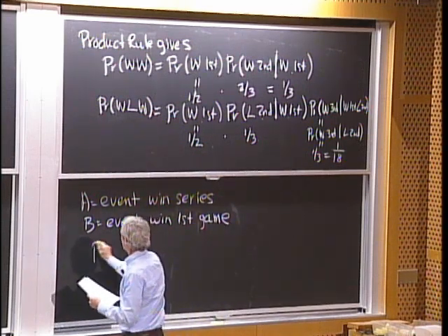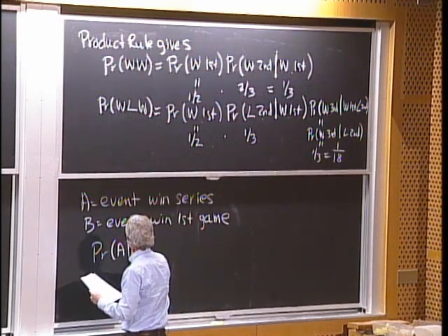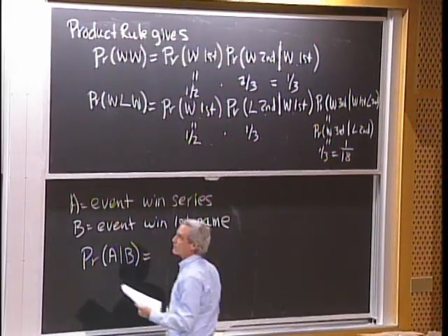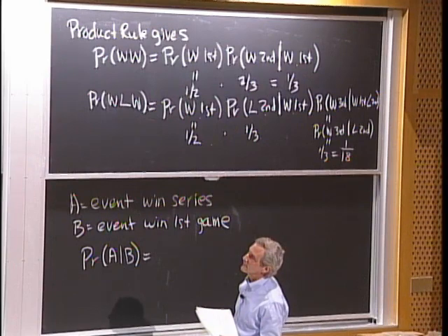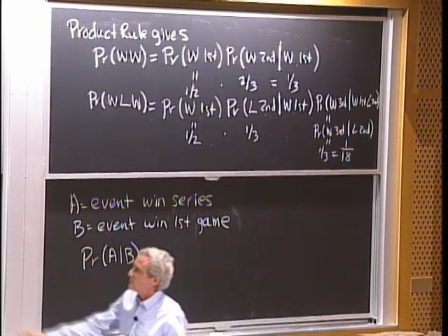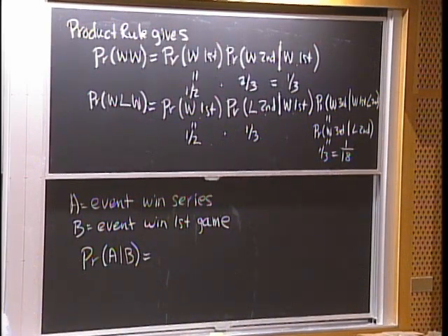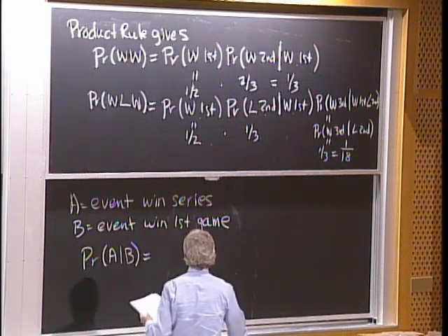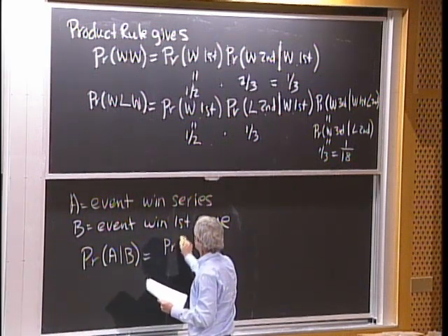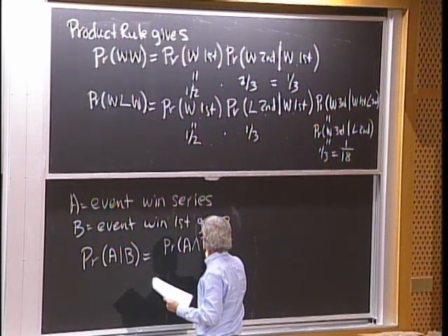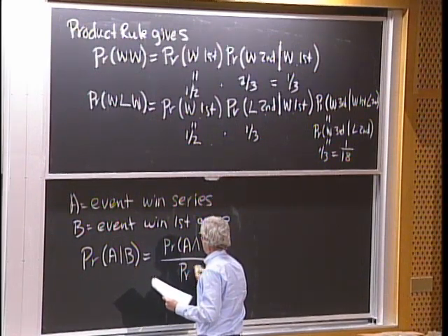And I want to compute the probability of A given B. And we use our formula. Where's the formula for that? It's way back over there. The probability of A given B is the probability of both happening, probability of A and B, divided by the probability of B.